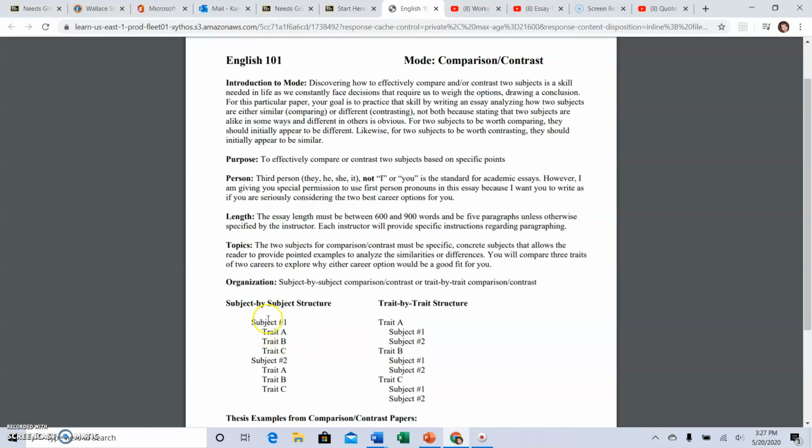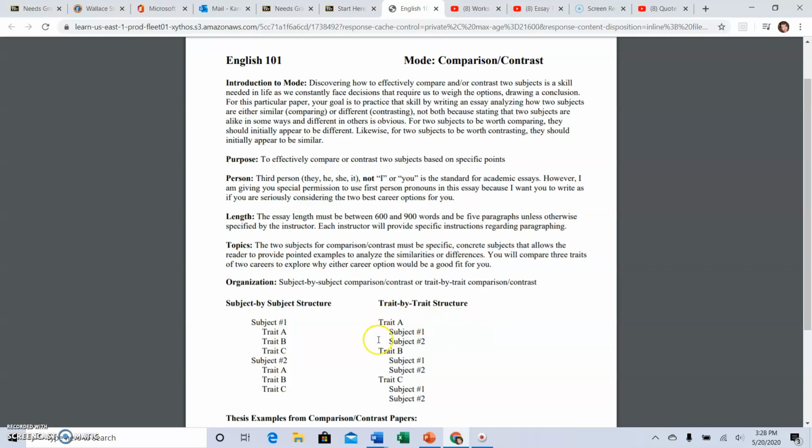So if you do it this way, the subject is asking you to plug in the careers here, and the traits would be the same 3 traits both times. So trait A is going to be the same. If it's personality, you're going to put personality for both trait A sections. So another way you could structure it is by trait.